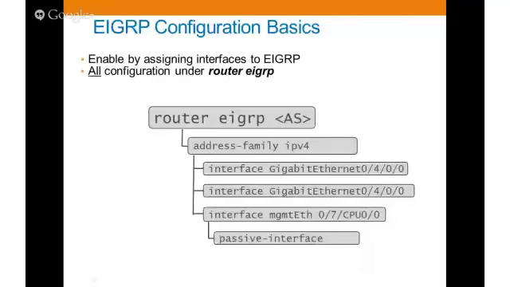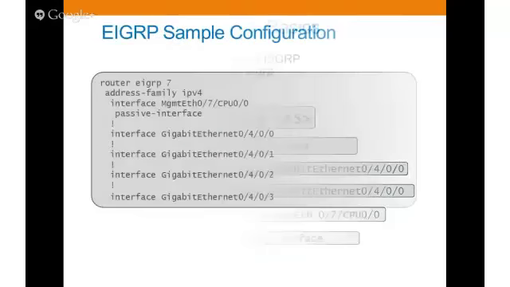EIGRP. You can look at the EIGRP configuration, which is again done here. Since EIGRP does not have the concept of areas, you call it under an address family. There are multiple interfaces that are called under the address family, and then again, everything is done under this.